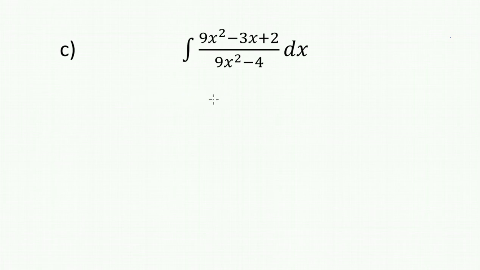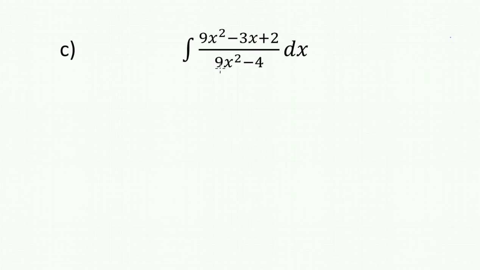Okay, for the third example that I've got, we can't do partial fractions on this straight away, and the reason we can't is because the powers here are equal. This is known as a top-heavy fraction. When the degree of the numerator is of equal or higher power than the denominator, we can't do partial fractions.